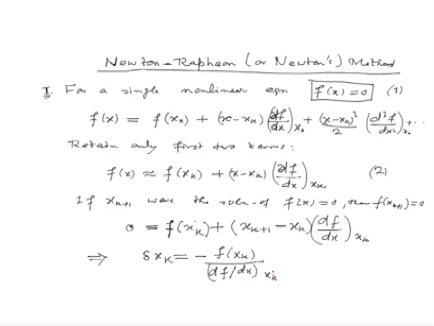So, now we have got a way to compute the corrections. If we add delta xk to xk, we get an improved solution. So, that is what gives us our iterative process for a single equation.